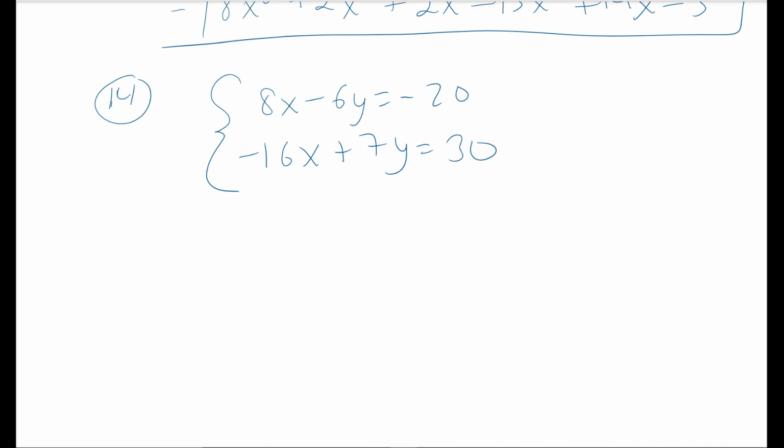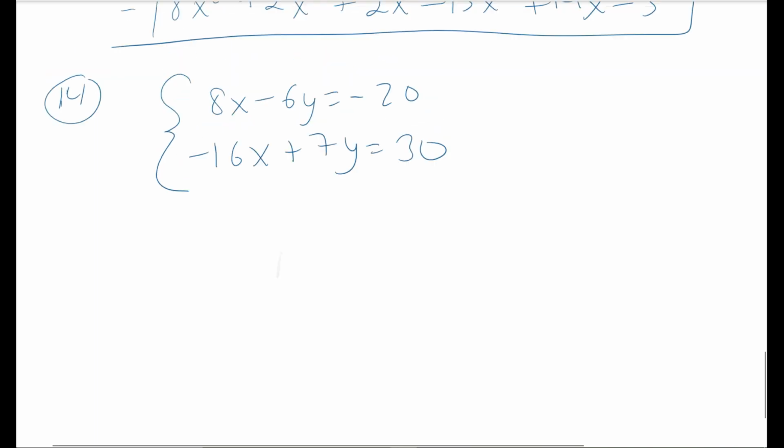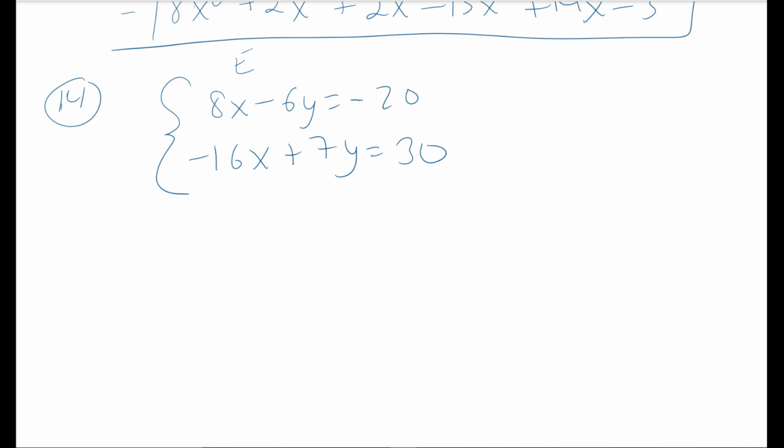Okay, so solving this system, this is an elimination type of problem. Okay, so we need to use elimination. How do we know that we use elimination? Well, elimination is when you have both variables on one side. It makes it easier to use it when both variables are on one side, so that way you can eliminate one of the variables.